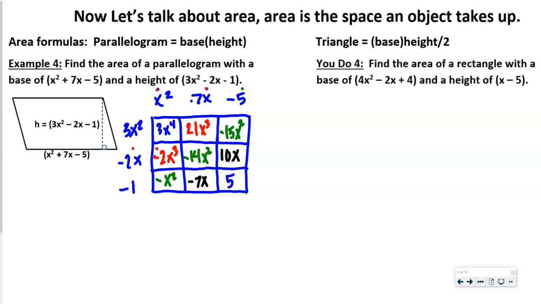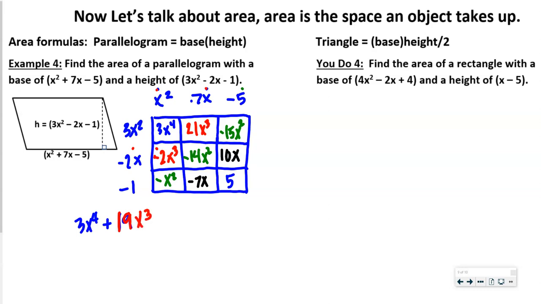All right, so now all we're doing is combining like terms. So we have our 3x to the 4th, right? So we're going to now combine the 21x to the 3rd minus 2x to the 3rd. So that's going to be plus 19x to the 3rd.